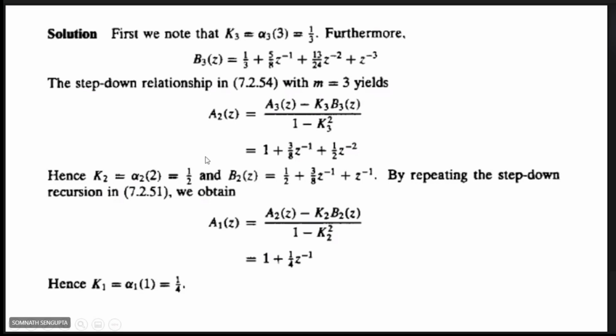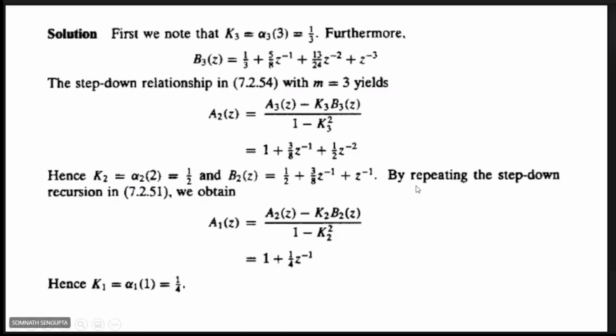So what we got: alpha 3 3 is 1 by 3, then alpha 2 2 is equal to half. Then B2z, we again take the reverse of the polynomial A2z.